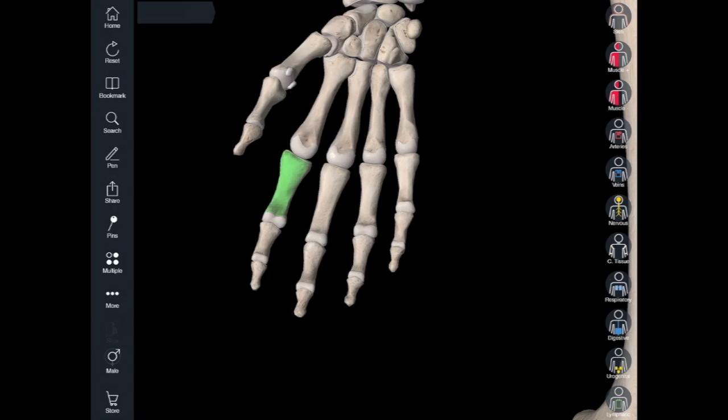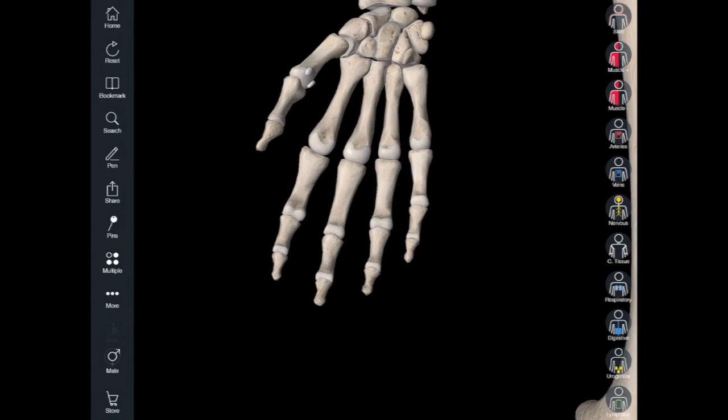They are the proximal, middle, and distal phalanges. So if we have a spot on this bone, then we'd say that this is the proximal phalanx of the ring finger, or if we have a spot on this bone, then we'd say that this is the middle phalanx of the middle finger. And if we have, let's say, a spot on this bone, then we'd say that this is the distal phalanx of the little finger.